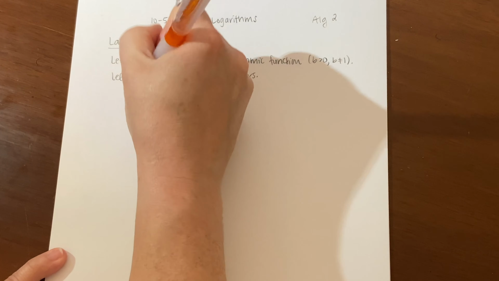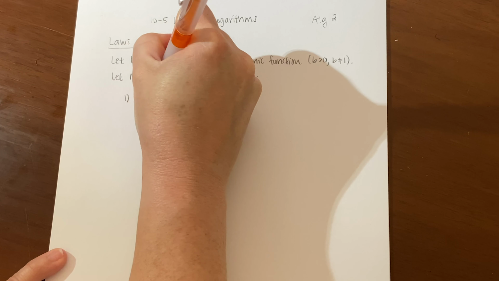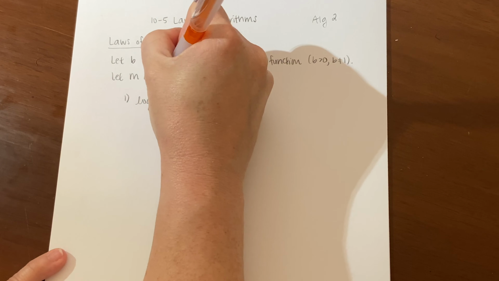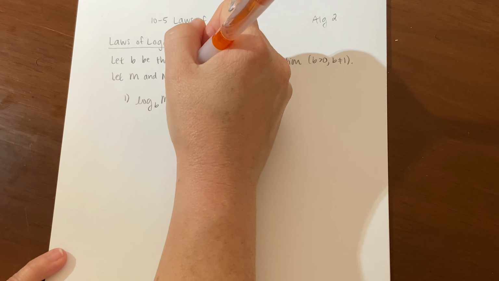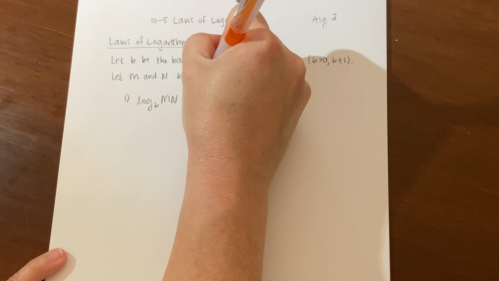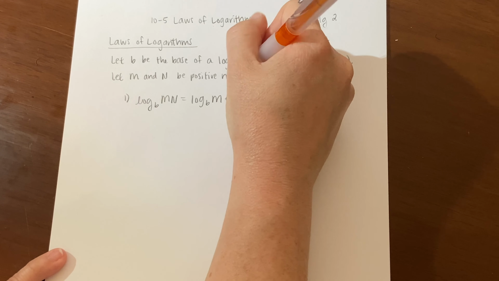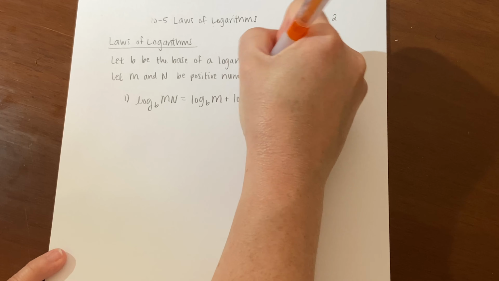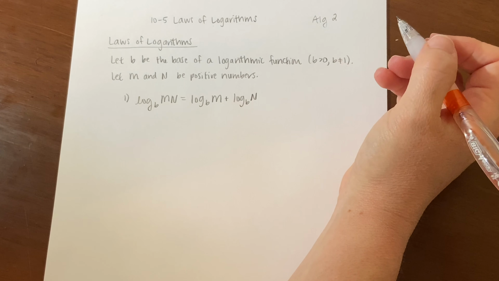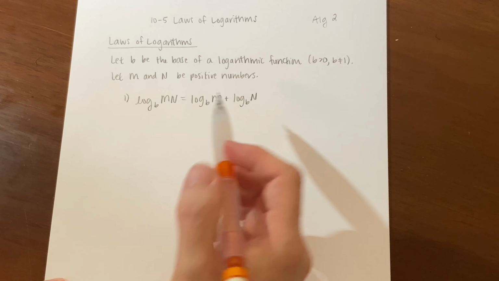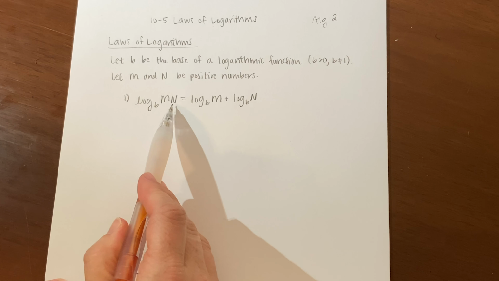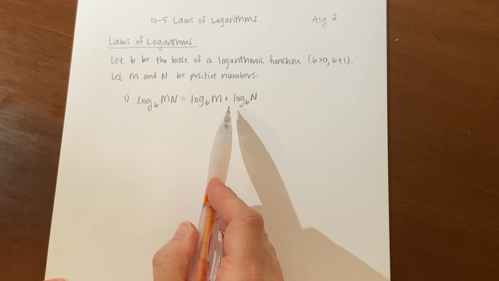The first one, log base b of m times n equals log base b of m plus log base b of n. So this is showing that there's a relationship between product and addition. We're familiar with that.